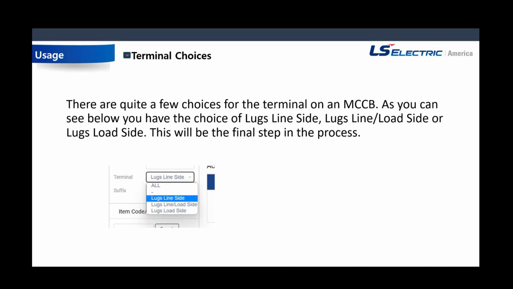We've had many cases in the past where people have ordered the item, but it was the wrong part because things like lugs line side and lugs load side and the terminal were just incorrect. So always make sure you have the information going in. I know I keep repeating that, but I really can't stress that enough, because with the wrong information, you could find that you order the wrong product and it just causes complications. So always go in informed.